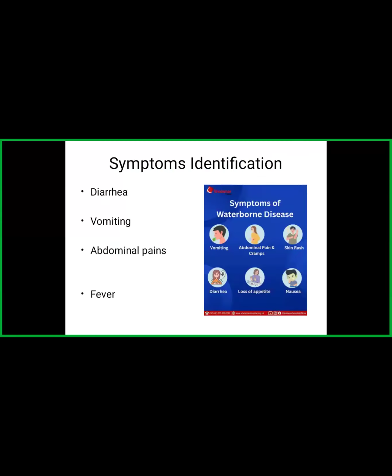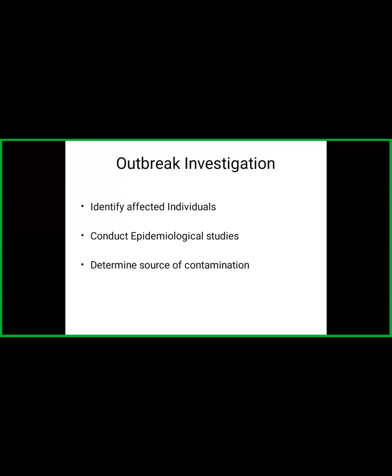Symptoms: malaria, vomiting, abdominal pains, fever. Then you suspect that there might be an outbreak of waterborne diseases. Then you investigate the outbreak by collecting specimens, conducting epidemiological studies, and determining sources of contamination.